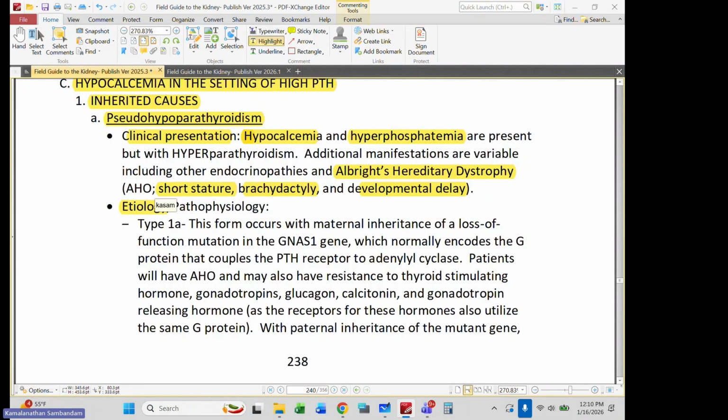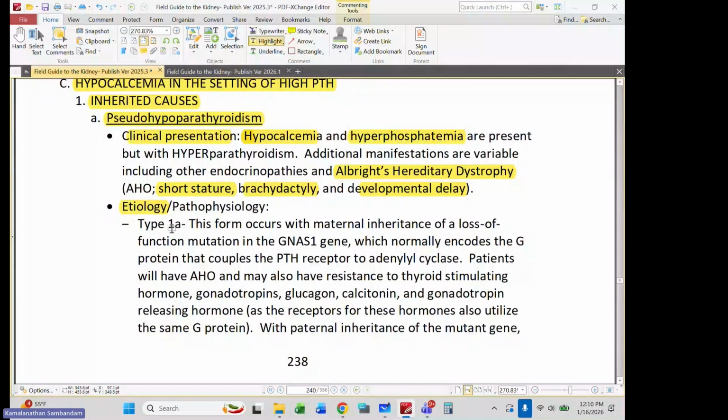There are also characteristic features in the fingers. Classically, your ring finger length can be shorter than the other fingers. So those are phenomena of this so-called Albright's hereditary osteodystrophy.